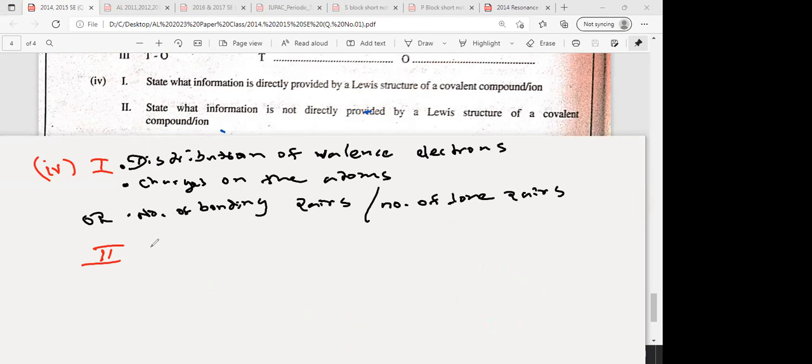The shape of the molecule, the shape around the central atom. Then the other information not provided by the Lewis structure is hybridization. The third information not provided by the Lewis structure will be bond angles.